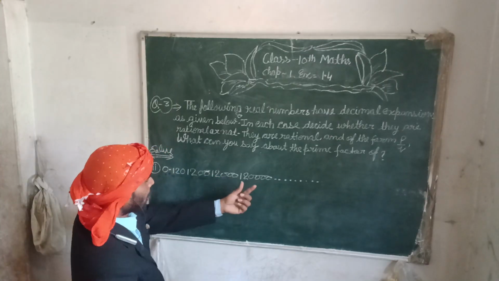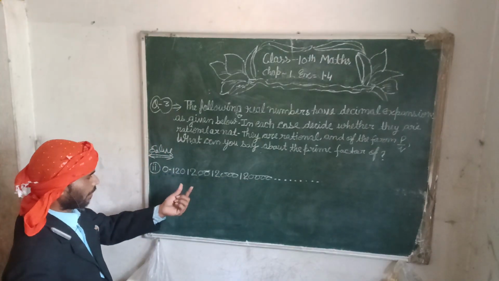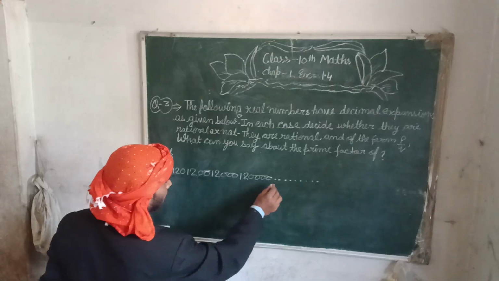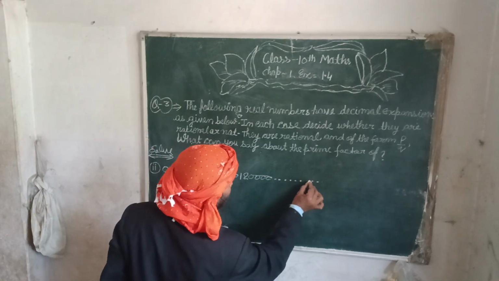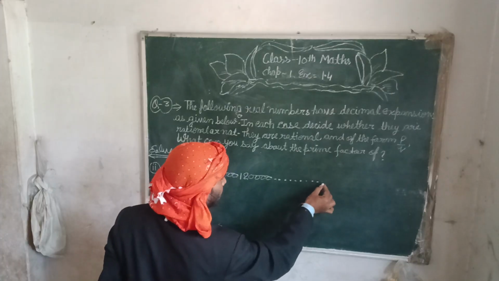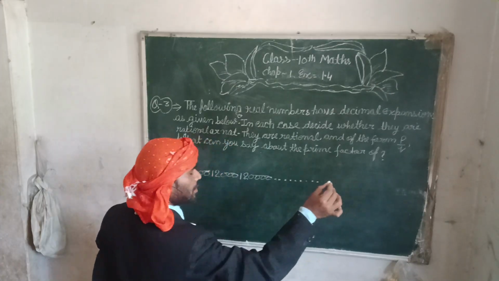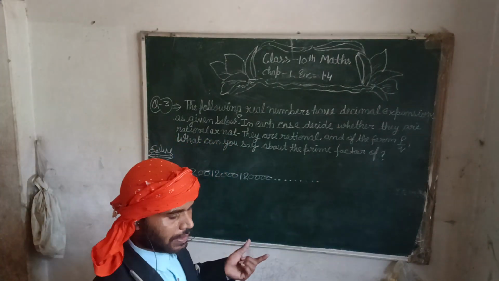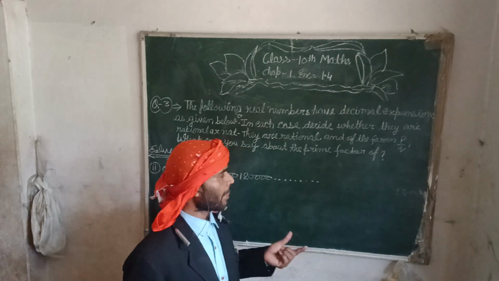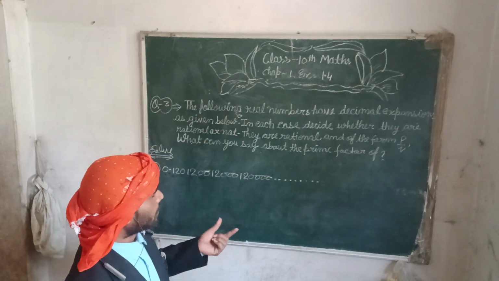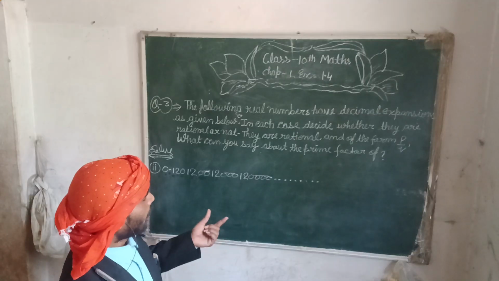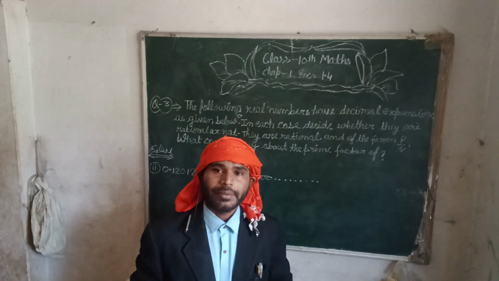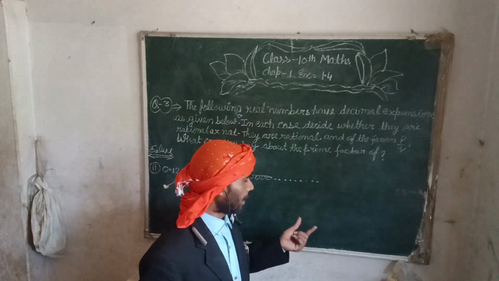So 0 repeats many times and moves forward infinitely. So this number is not of the form P upon Q, and I say this number is not a rational number, and it has no prime factors.